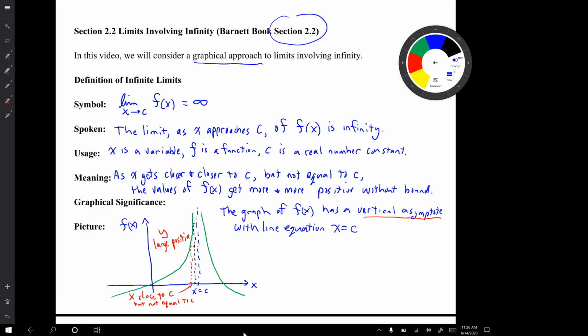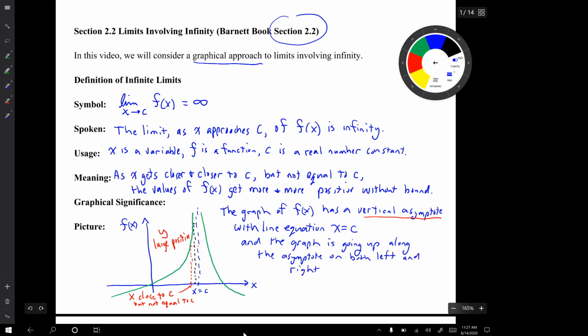Not only do we have a vertical asymptote, the graph is going up along the asymptote on both sides. So that's the definition of infinite limit and a picture of an example.